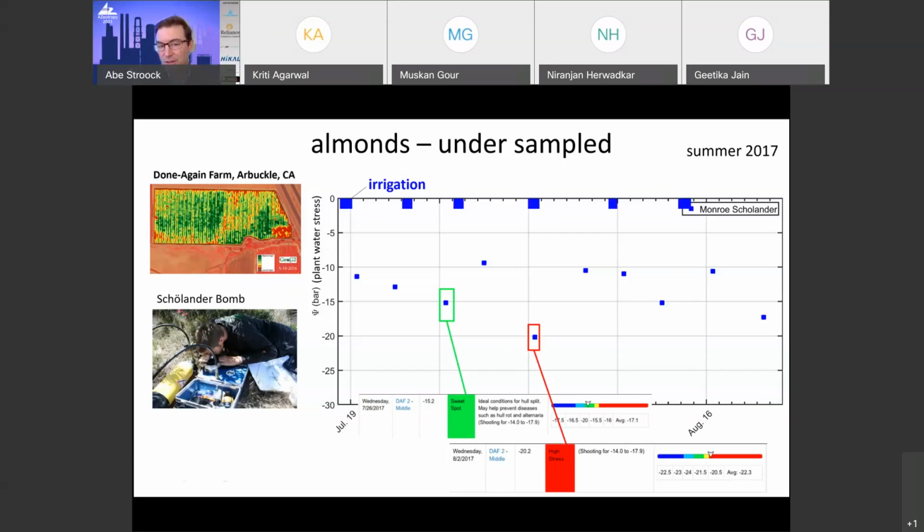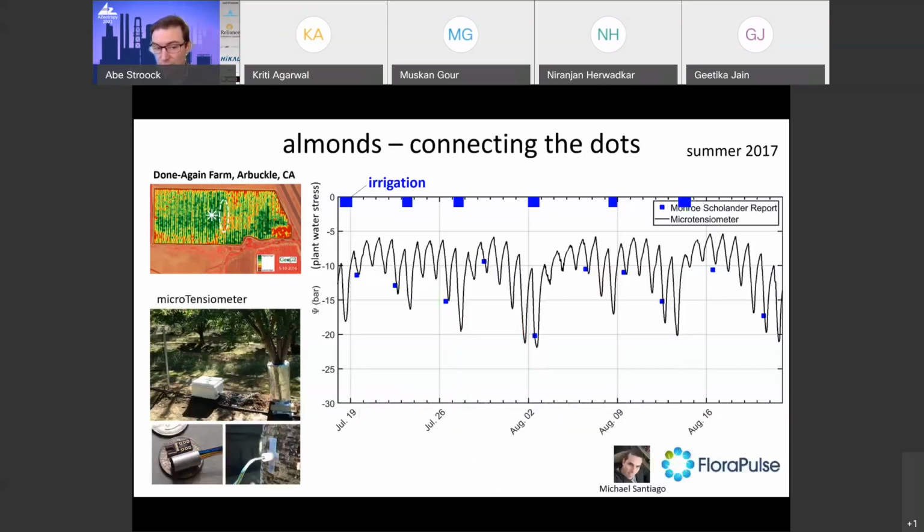And he makes this decision about irrigation basically on the frequency that he has information. So this was one of the first installations that my former student Michael Santiago did when he started out in California. And it was, most importantly to us, that we basically could connect the dots. The tool that John Monroe had been using, the manual tool, is known to be accurate.